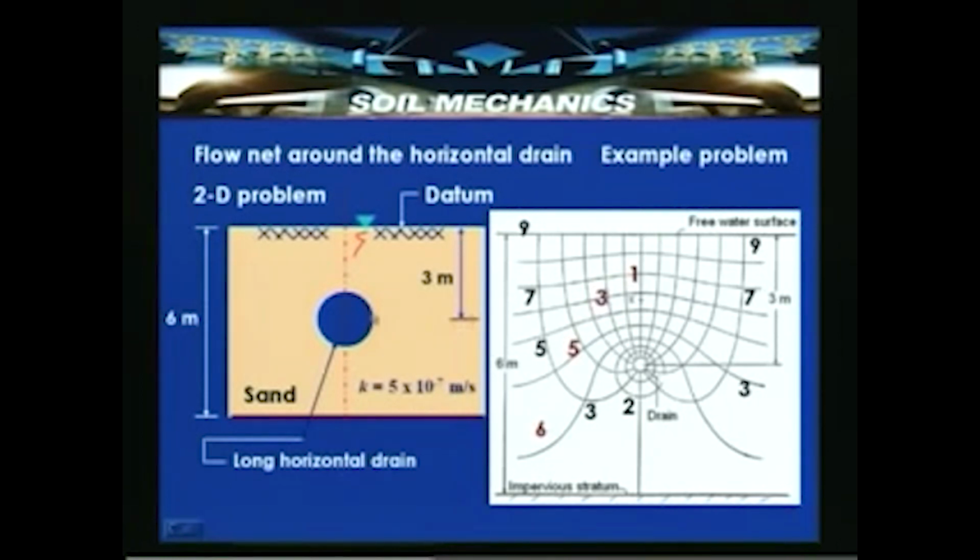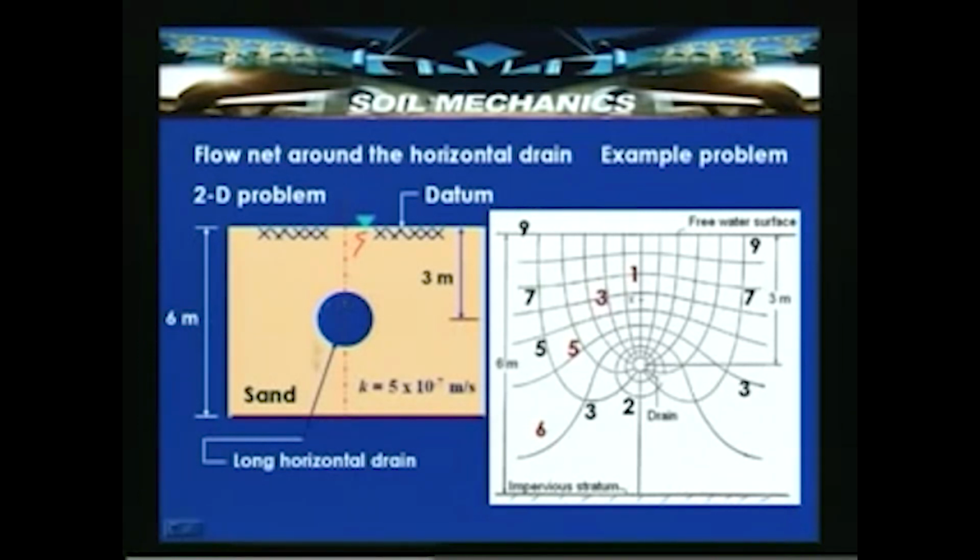The center of this drain is 3 meters from the top surface. The water table is found to be at the top surface itself. The free water surface matches the top surface of the soil. So the depth of the soil under consideration is around 6 meters.